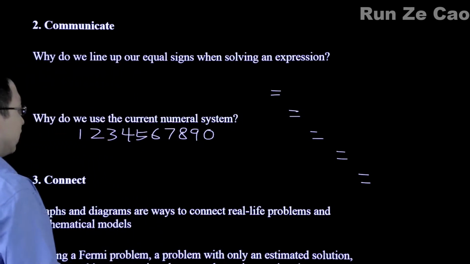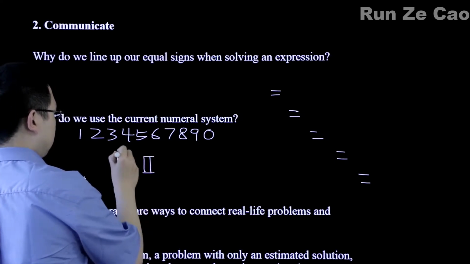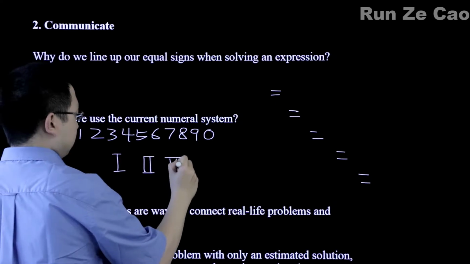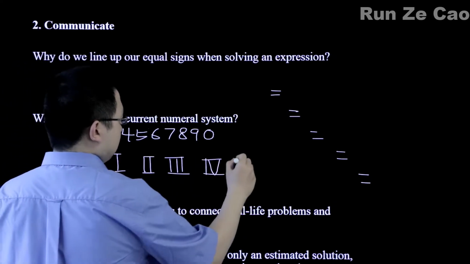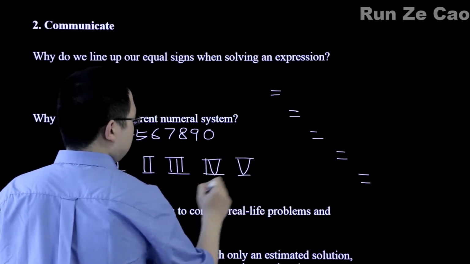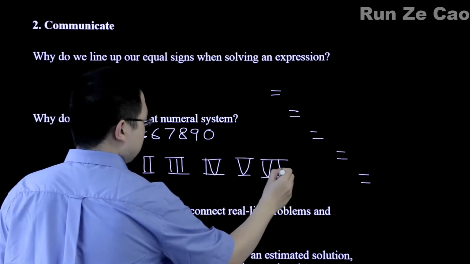Now this is of course very different from, say, Roman numerals: 1, 2, 3, 4, and 5, 6, and so on.